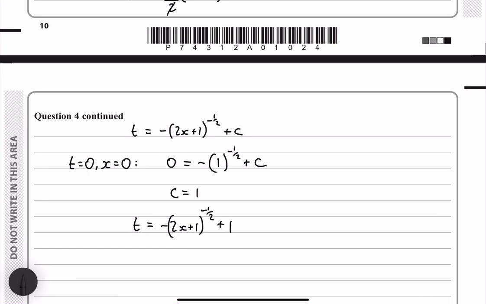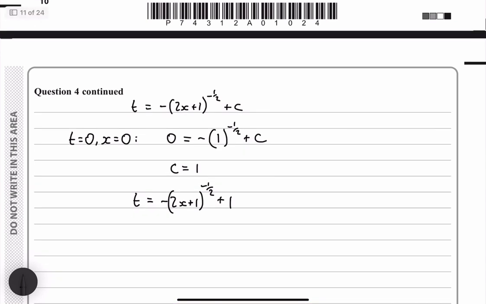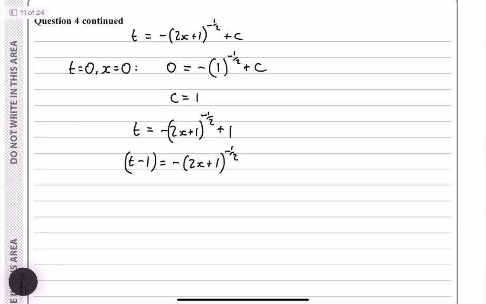Now I'm going to rearrange this so that we get x in terms of t, and then I can differentiate with respect to t. So we get t minus 1 equals minus 2x plus 1 to the minus a half. That's silly, I should have taken this on the other side. Let me do that instead. And then this becomes 1 minus t.